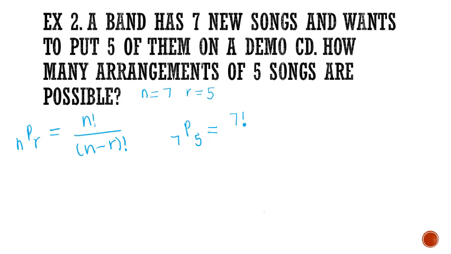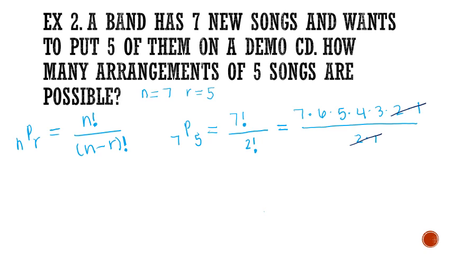So by the way, this exclamation is a factorial. It's not excited math. And then 7 minus 5, that's 2 factorial. So I'm going to show you how to write out a factorial. 7 factorial is 7 times 6 times 5 times 4 times 3 all the way to 1. And so therefore 2 factorial is 2 times 1. So these cancel each other out.